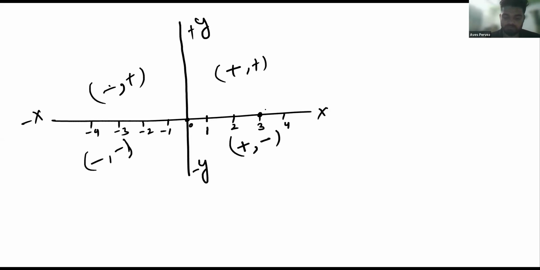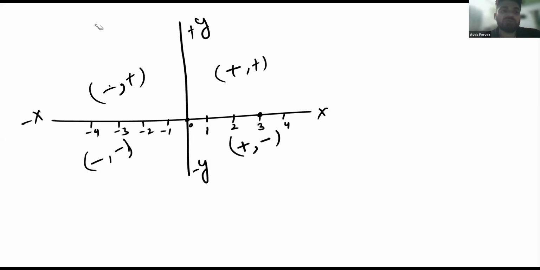Which point is this? This point on the 3. What is the value of the x coordinate?